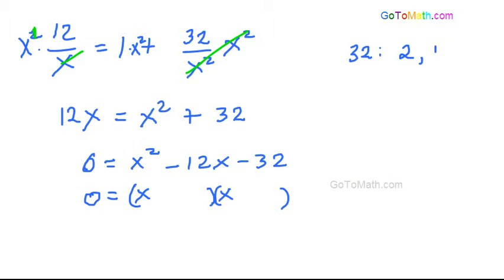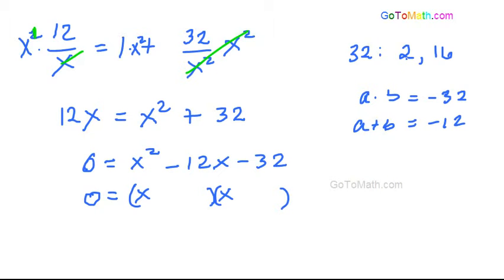Now, A times B is equal to negative 32, and A plus B will be equal to negative 12. Only one of these is going to be negative. One of them will be negative and the other one will be positive. That's something we got to keep in mind.